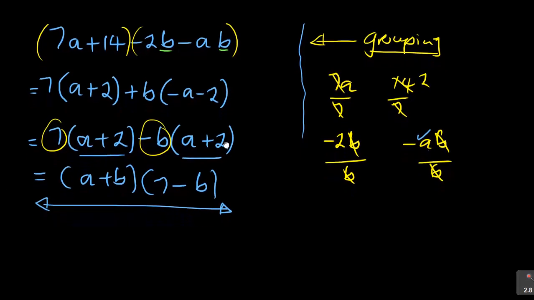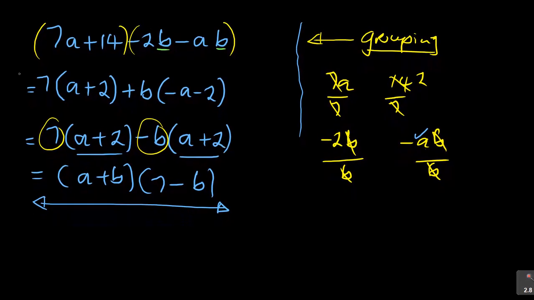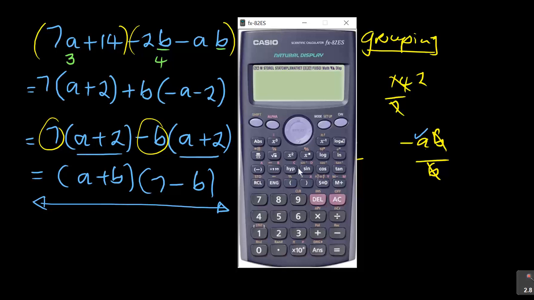Again, I haven't been testing some of my answers, but it was possible for me to keep testing. This one you can test. Choose any value of a. For example, you can say a is 2, or let me choose any value now. A is 3 and b is 4. I just use simpler numbers not to confuse myself. So if I do this and say 7 times 3 plus 14, close the bracket, then minus, there was no bracket actually, it was 7.